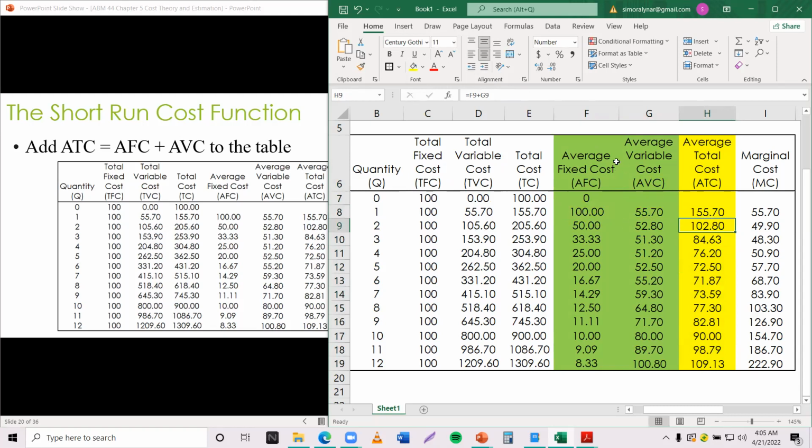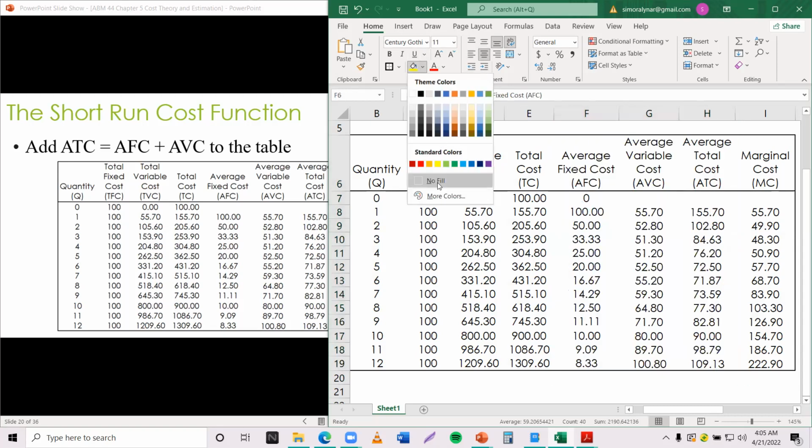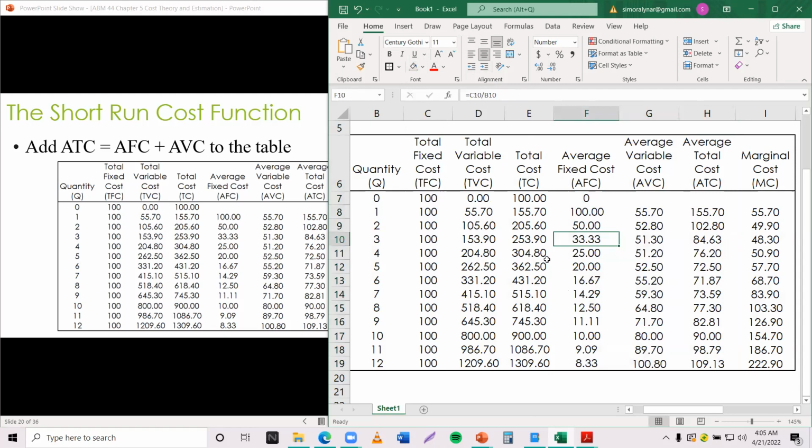So, that's how you'll get the average total cost. So, that is how we are going to get the average fixed cost and average variable cost. So, the average total cost is as good as just adding the two costs at the same time. So, that's how to fill up the table.